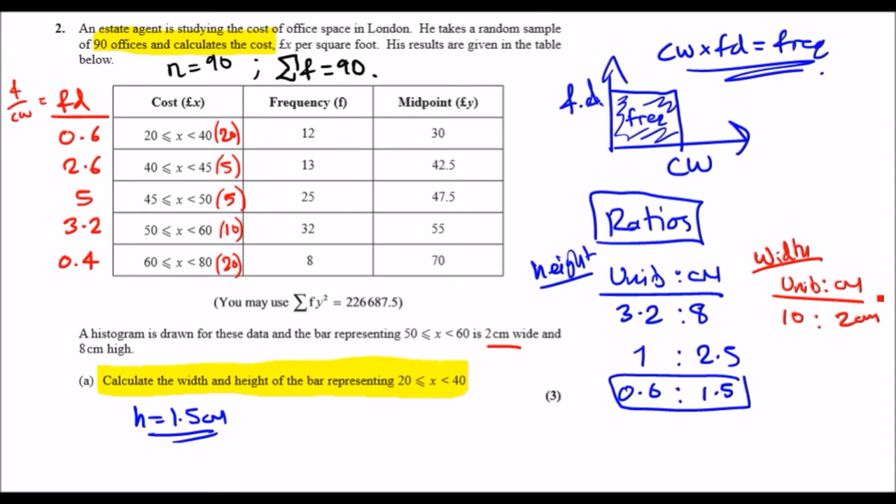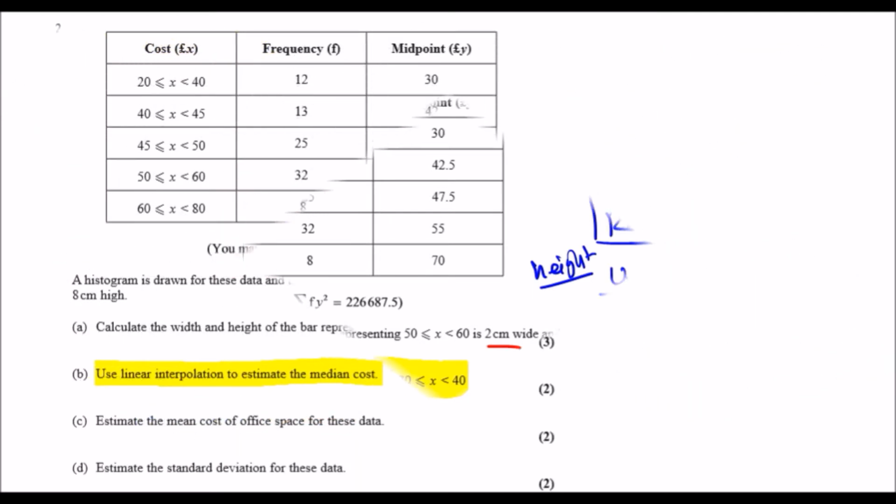So it's quite easy. For 1 unit, divide by 10, giving 0.2 centimeters. Meaning, for the 20 to 40 region, for 20 units, times it by 20 and you get 4 centimeters. And that's it. The width is 4. Easy. That's how you do this kind of question.